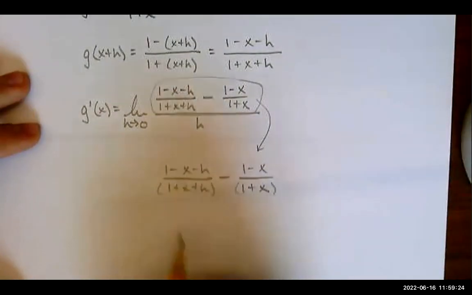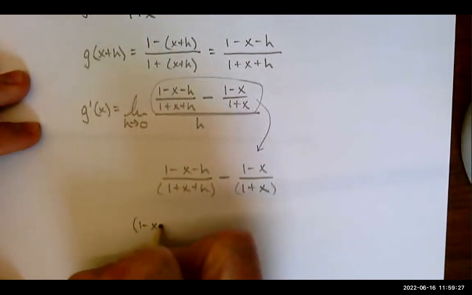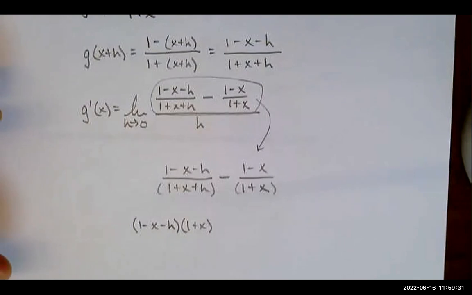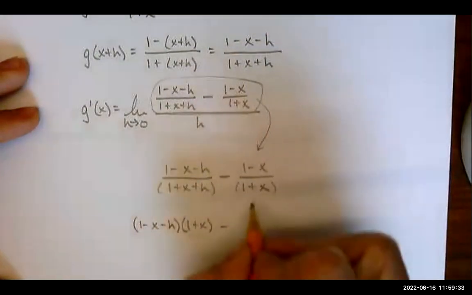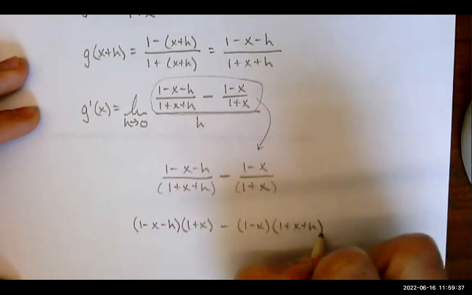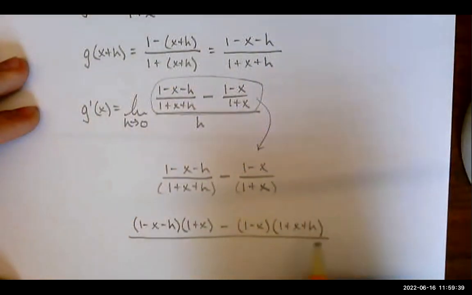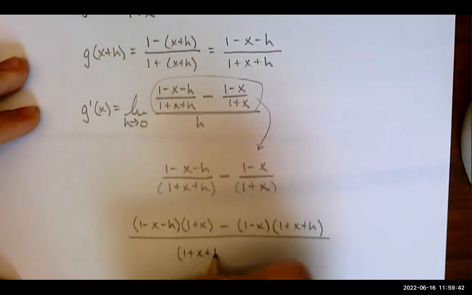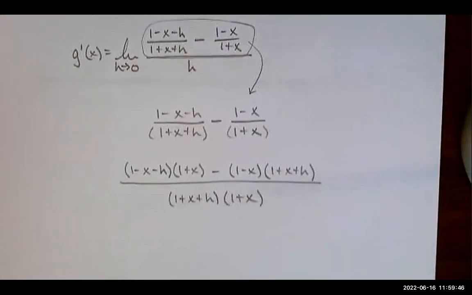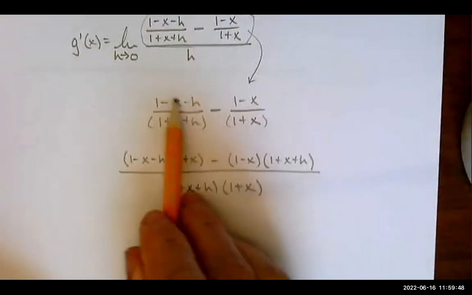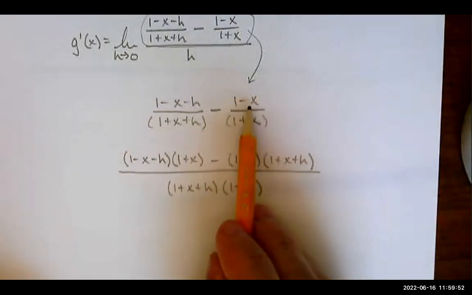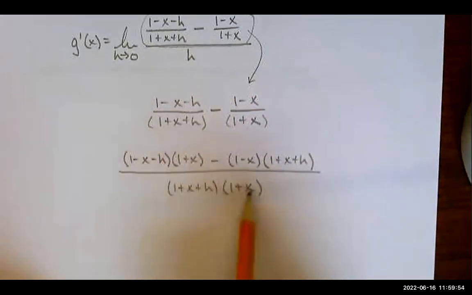So to get a common denominator, for this one we need to multiply by 1 plus x, and for this one we need to multiply by 1 plus x plus h. And then that's all going to be over the two of them together. Hopefully that's clear enough. So we got this one times this denominator over that, minus this one and that denominator, and they're both over the same.